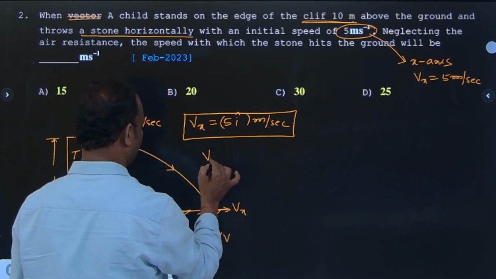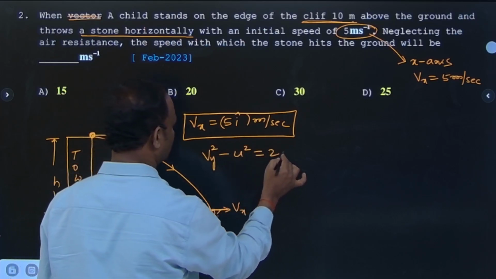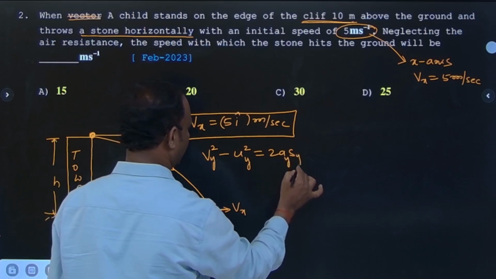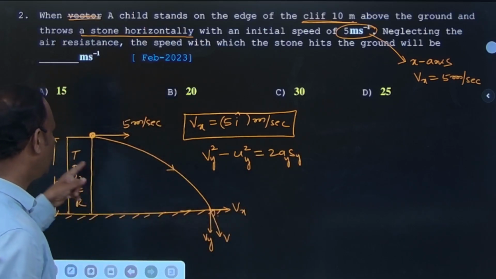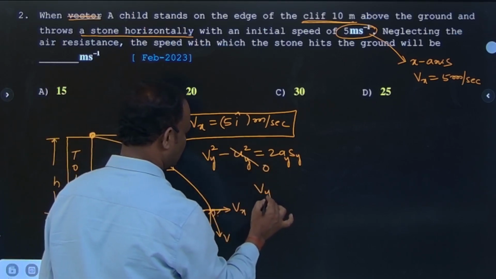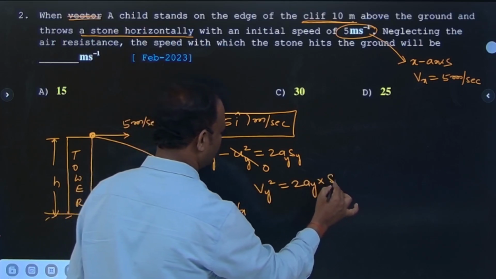Next along the y-axis, V square minus U square is equal to 2as. So Vy square equals 2 ay Sy. The initial vertical component of velocity is 0. Then Vy square is equal to 2 ay into Sy.